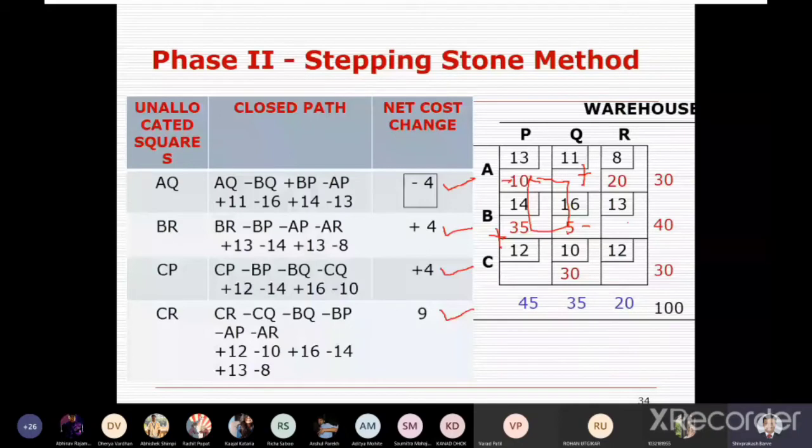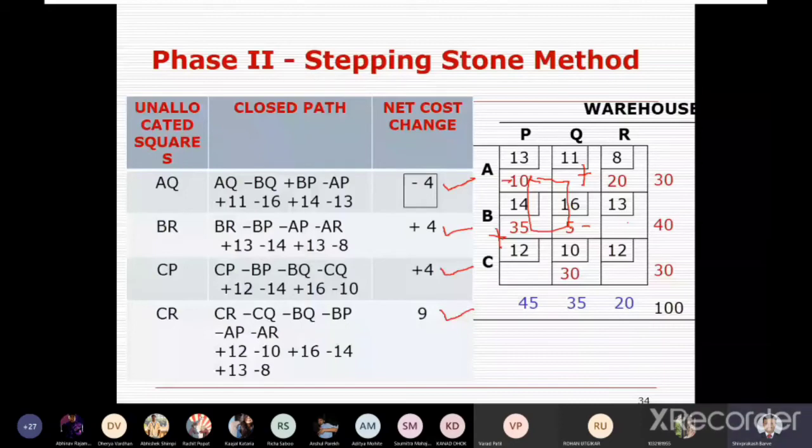Now, as per our rule, check at what negative corner you are getting minimum value. So only consider the corner values, and the negative corners are allocations. Consider allocations only. So allocation is 5 and 10.